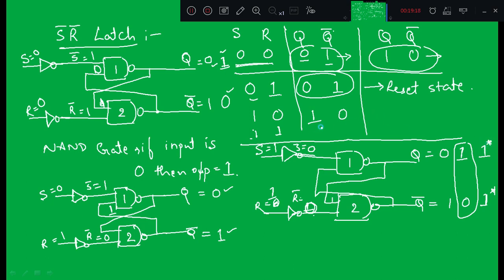I can call it an indeterminate state. Sorry, I said intermediate state, that is wrong. It is called the indeterminate state, or it is also called the forbidden state, right? So these are the basics of the SR latch and the S bar R bar latch, right?